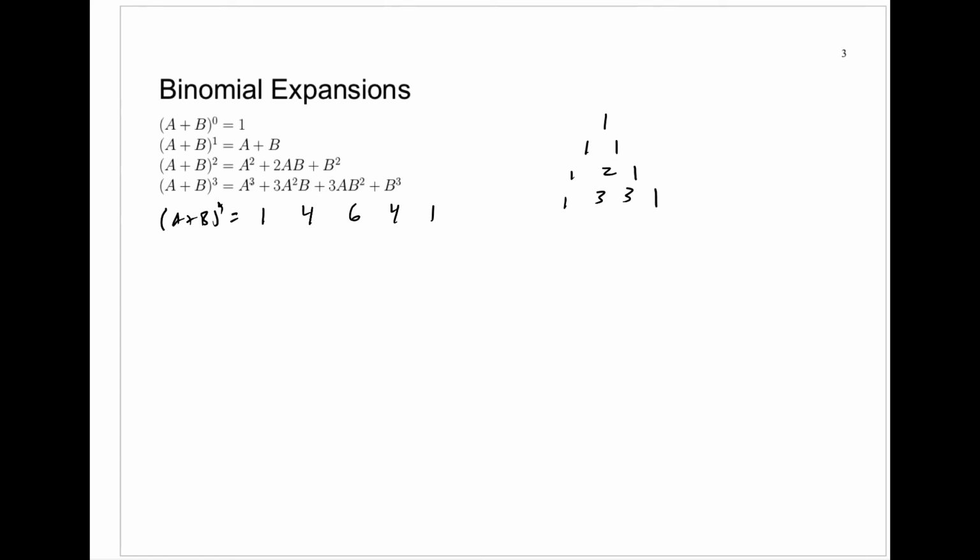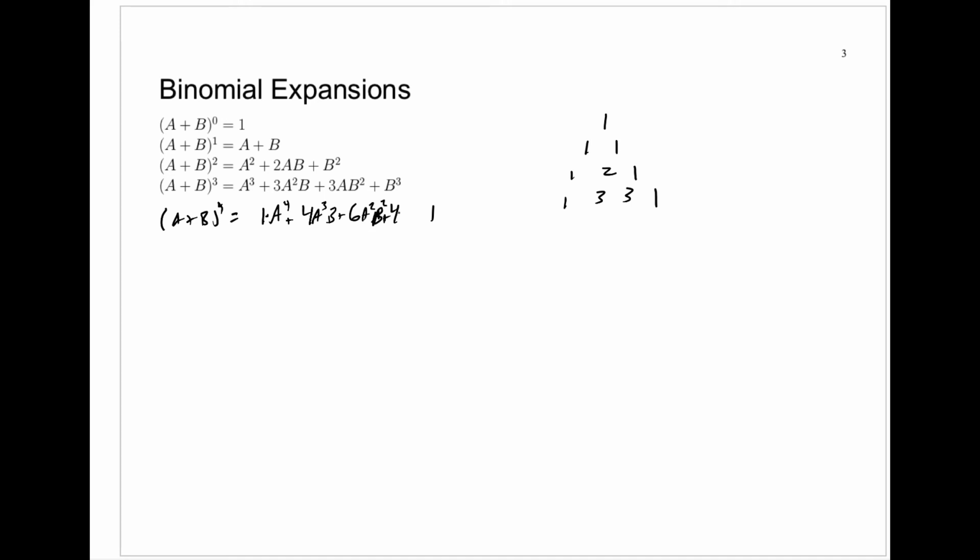So you would guess that everything in A plus B to the 4th power will have a total power of 4. And here I've just listed them in decreasing order of the power of the A term. So we could write that as 1 times A to the 4th. The next thing you might think is 4 times A cubed times B, 3 A's and 1 B. Then you might have 2 A's and 2 B's.